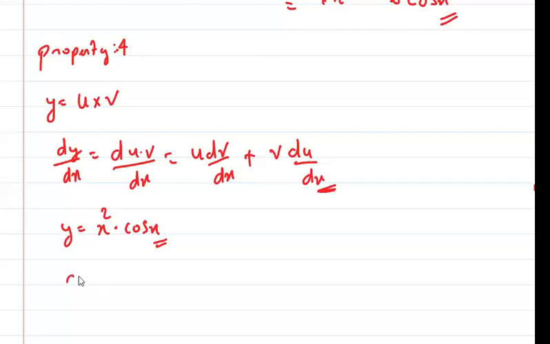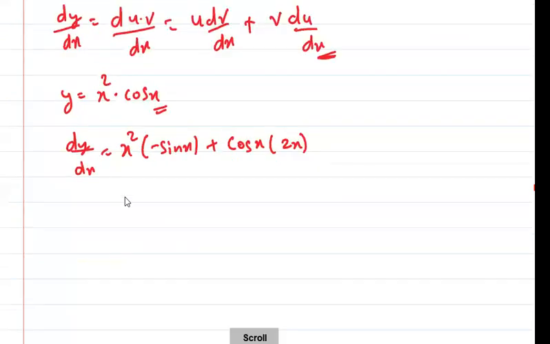Very good, Navya. So dy by dx is going to keep one constant, x square constant, इसका differentiation, which is minus sin x. ठीक है, प्लस अब दूसरे को कांस्टेंट और इसका डिफरेंशिएशन which is 2x। क्लियर है? सबको समझ में आ रहा है? So the answer is x minus x square sin x plus 2x cos x। आगे पीछे लिख सकते हो, कोई दिक्कत नहीं है.